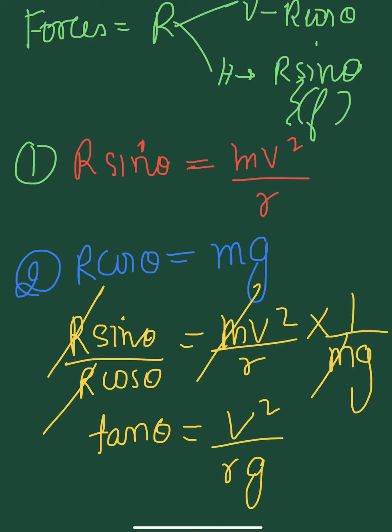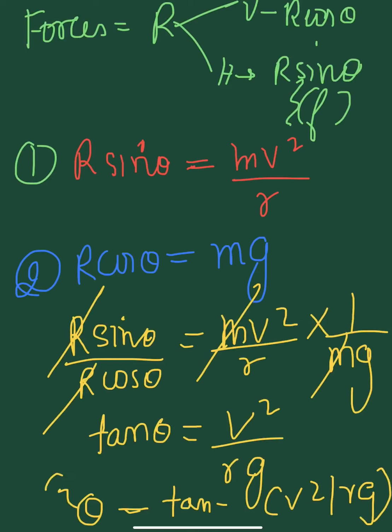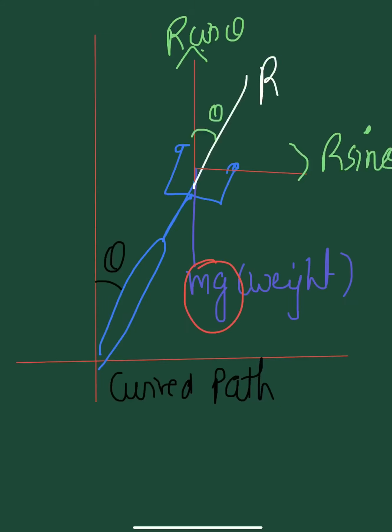So what I conclude from here is, what is theta? Whenever a trigonometric ratio is equal to some value, theta is the inverse of that value. So theta is tan inverse v square by rg, and that theta is my angle of bending, this angle which I was talking about.